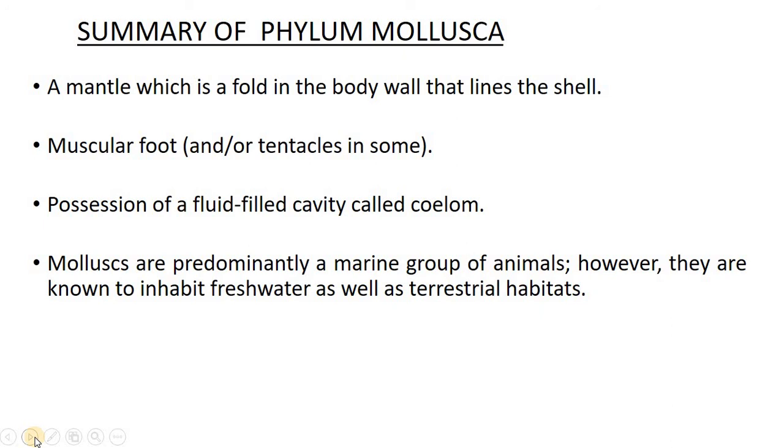So these animals are eucoelomates. That means there is a body cavity lined by coelomic epithelium, which has outer coelomic epithelium and inner coelomic epithelium, and between these there is a coelomic cavity which has the coelomic fluid and coelomocytes. All these features are there. It is called eucoelomate animals.